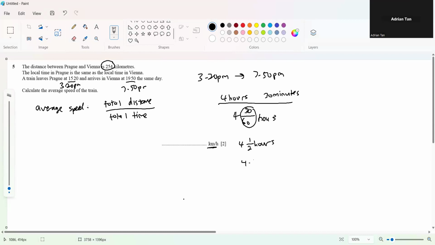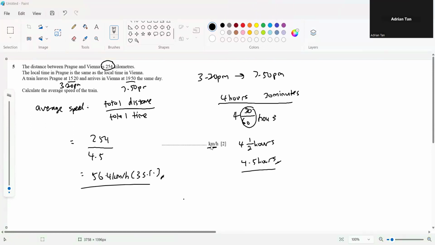In decimal, it is 4.5 hours, so we'll be using this. 254 divided by 4.5 gives 56.4 kilometers per hour, correct to 3 significant figures. So that's for question number 5.